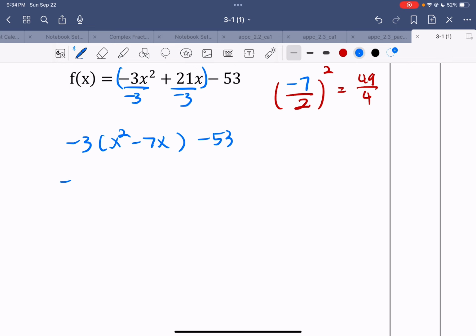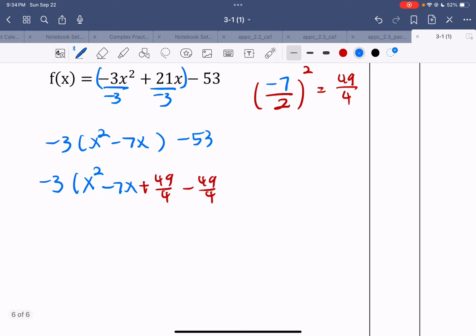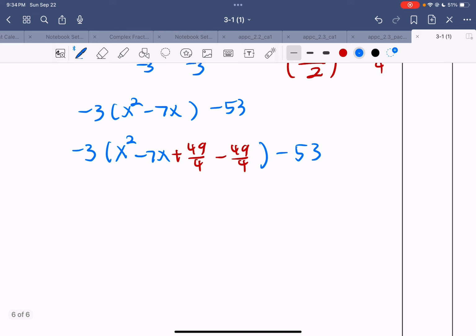So what you're gonna get is -3 x squared minus 7x plus 49 over 4 minus 49 over 4, minus 53. Now, you're gonna take this one out, but don't forget to multiply by this number.